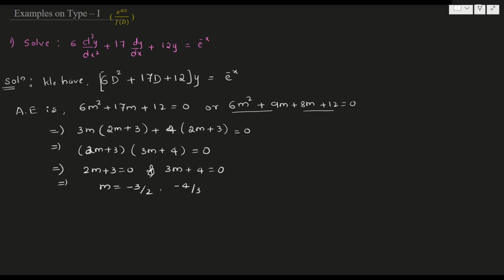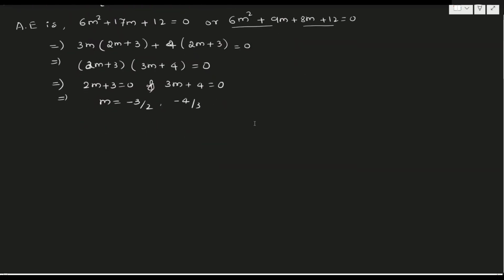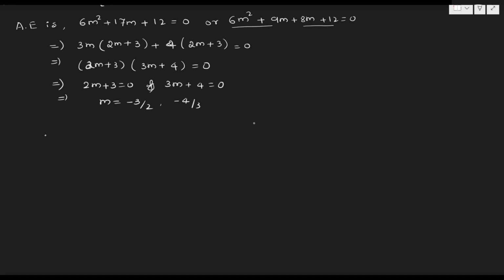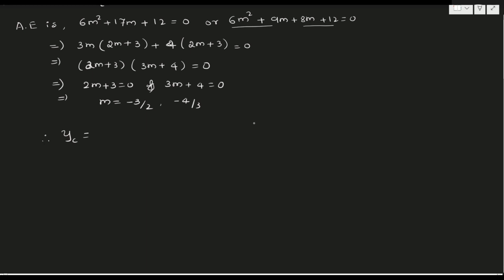Once you get these roots, you can write the complete solution, that is yc. Which type of roots are these? Both roots m1 and m2 are real and distinct. When the roots are real and distinct, the complementary function is c1 into e raised to m1x plus c2 into e raised to m2x.